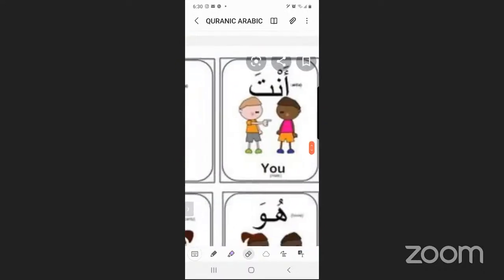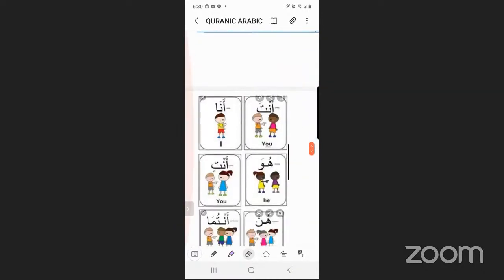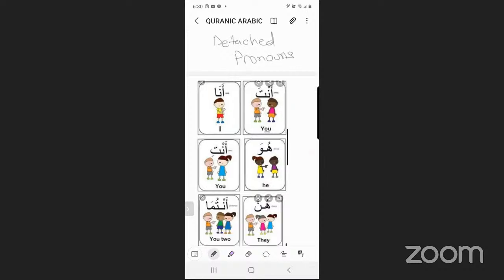Now these were attached pronouns. We're going to go to the detached pronouns. If they are detached, it means they come by themselves. Detached pronouns. So anta means you.